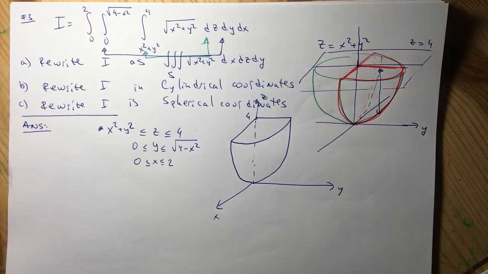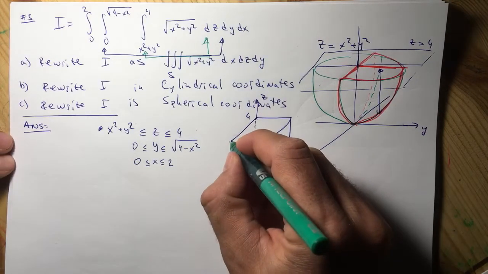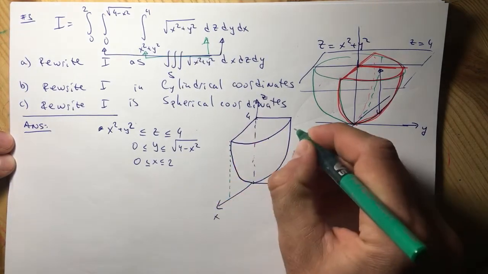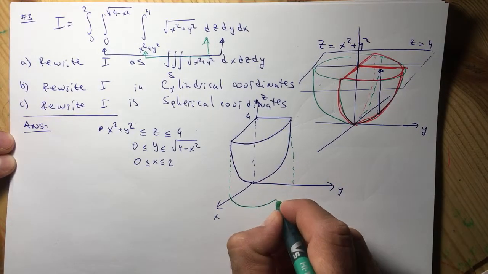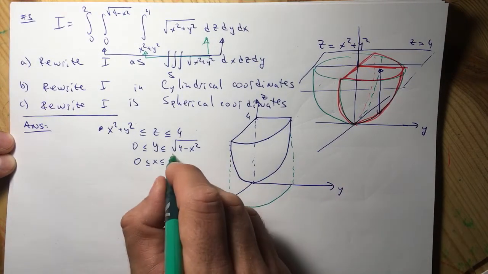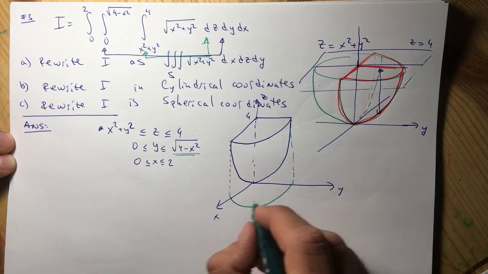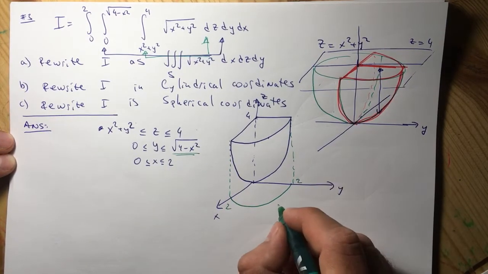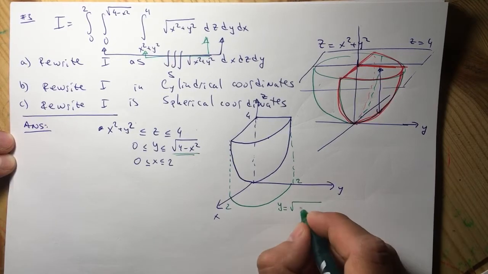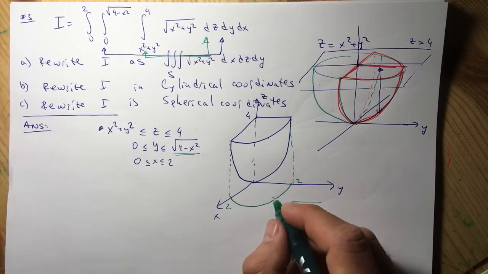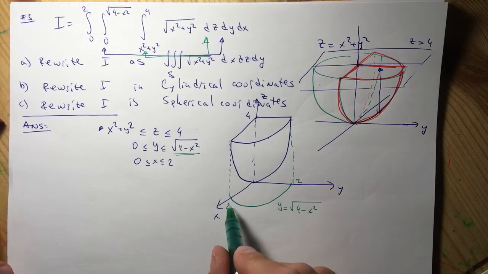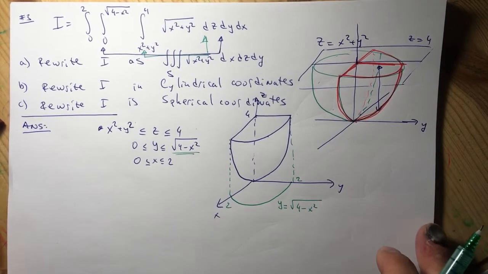Okay, if we look at the shadow projection onto the xy plane, we will get the quarter of the circle, this one right here, right? So this is 2 and this is also 2, so this is y is equal to square root of 4 minus x squared only in the first quadrant, if we are talking about the xy plane.